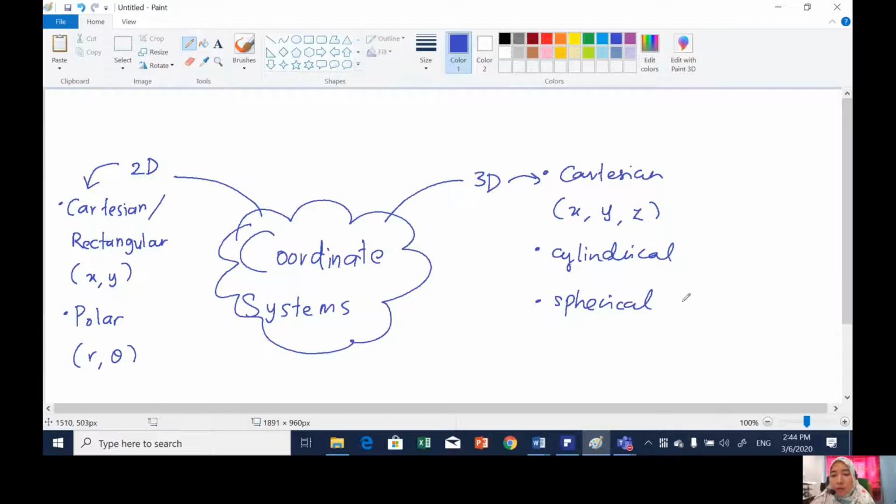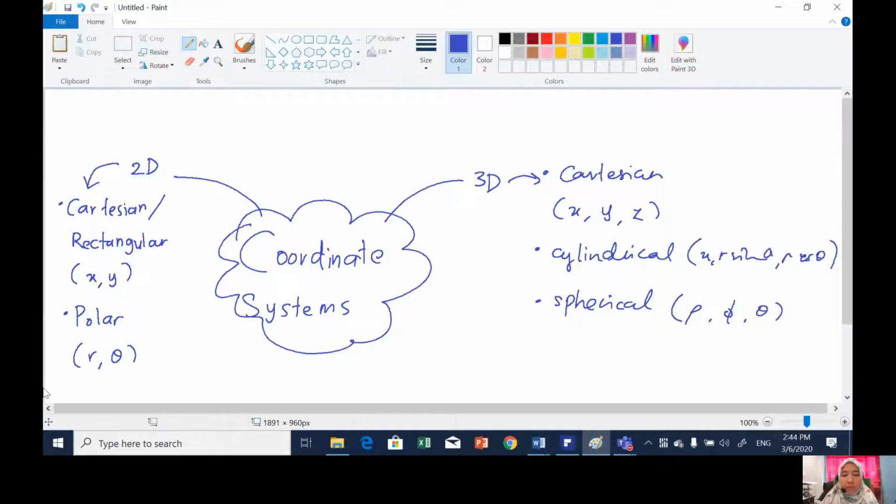The spherical has been denoted by rho, phi, and theta.